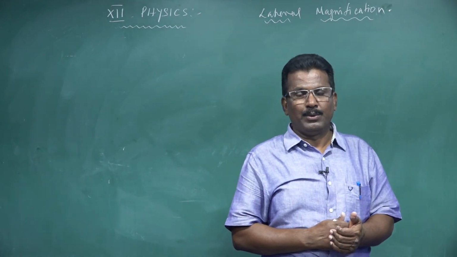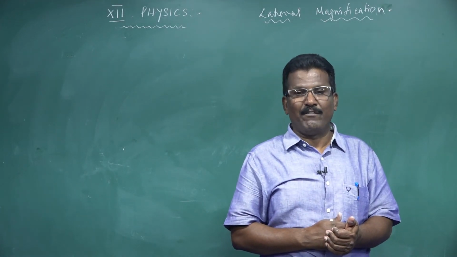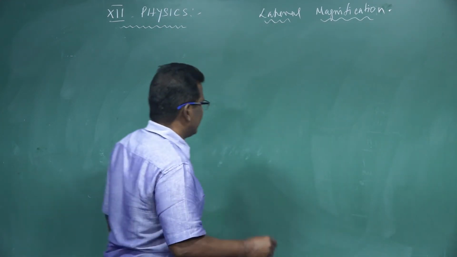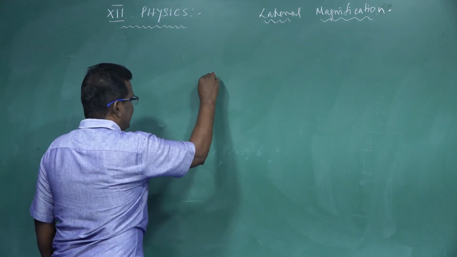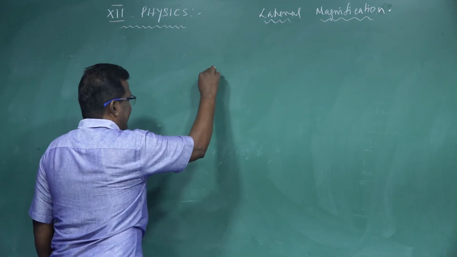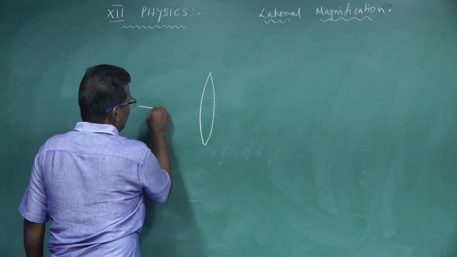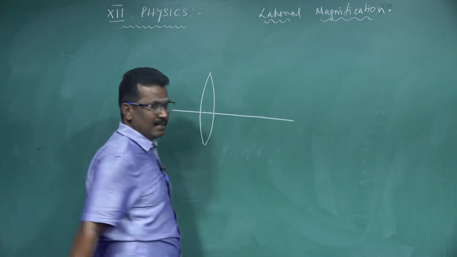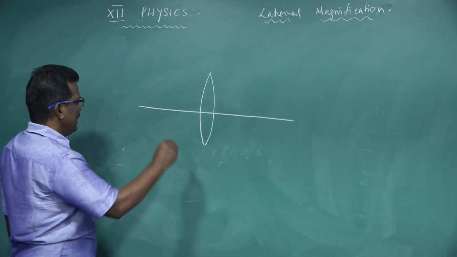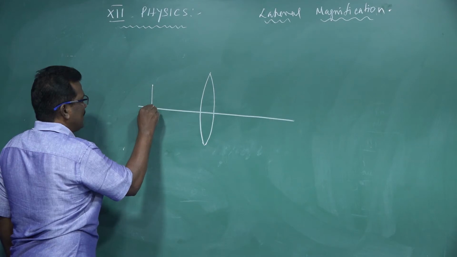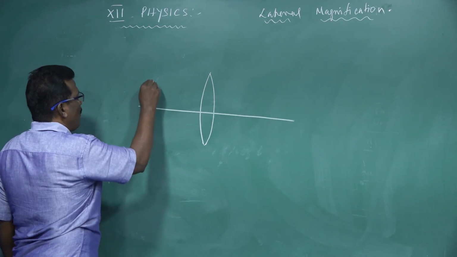Now we are going to discuss the magnification of the thin lens. Let us consider a thin lens of refractive index n1 placed in air. This is the principal axis. The object is placed above the principal axis, O prime.